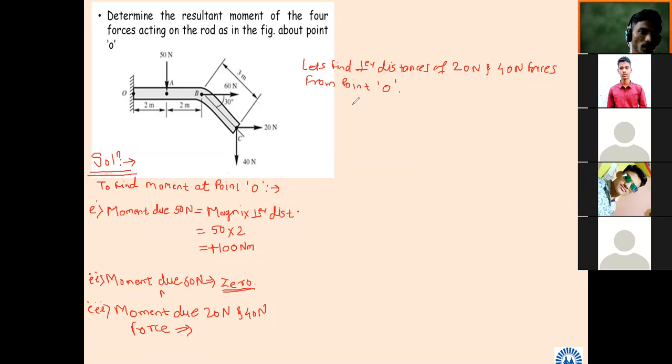What do we have to do? The given distance BC, how much is it? 3 meter. The 3 meter distance is given.